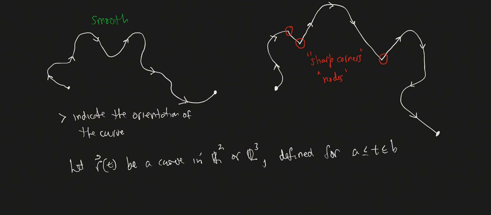I'll write this interval with the understanding that a could be negative infinity and b could be positive infinity, and then I would drop the equal signs. So it could be an infinite interval, either one-sided or doubly infinite. But let's say we have a vector curve that's defined for all values of t between and including a and b.